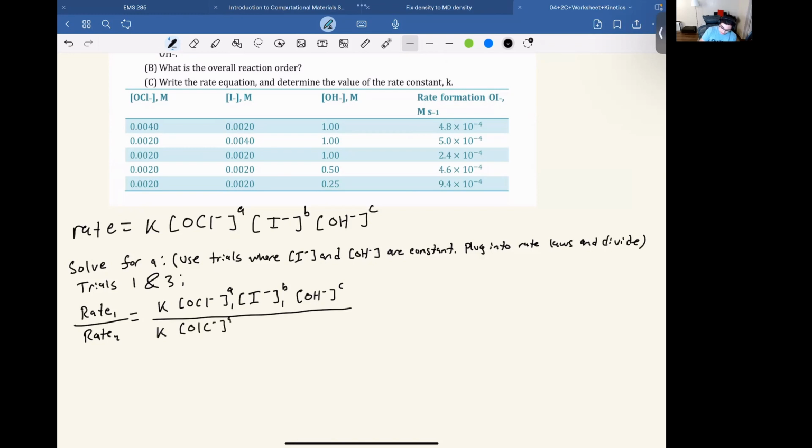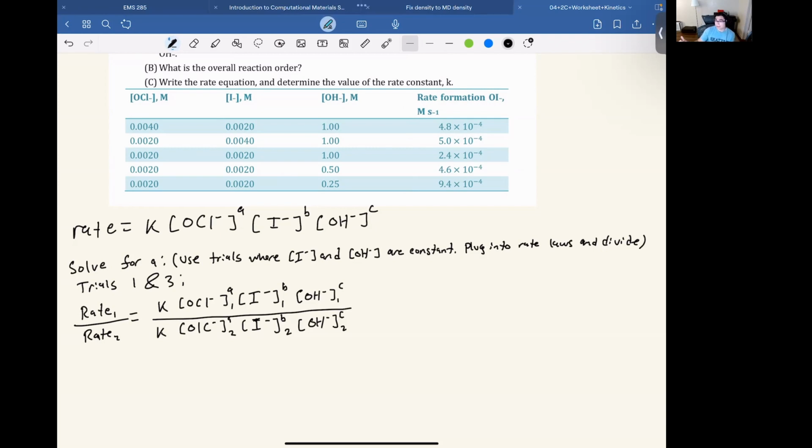OCl minus to the A power 2. K's are the same, right? That's a constant. 2. And then we have a 2 for the hydroxide. So the reason you divide these is because given the experimental data that they give you, if you plug into any one rate law, you're going to have an equation with four unknowns.